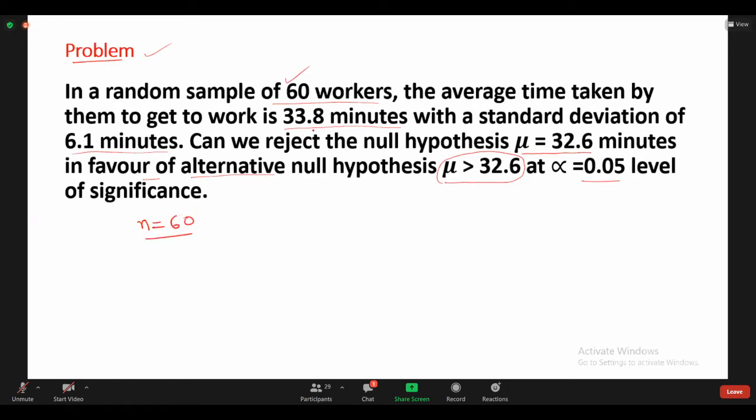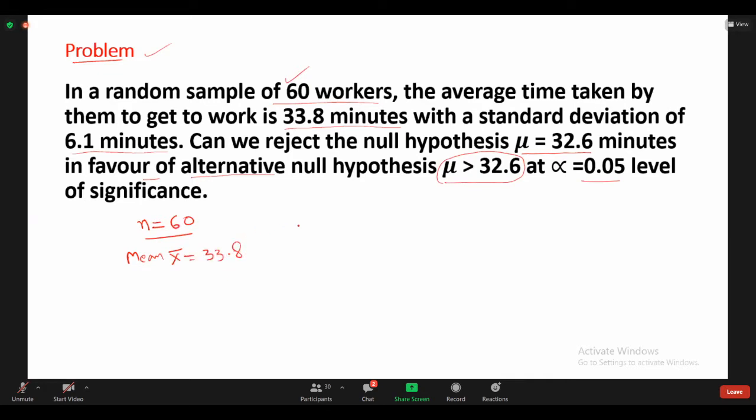Now, what is the 33.8? Yes, it is the sample mean, x bar is equal to 33.8.